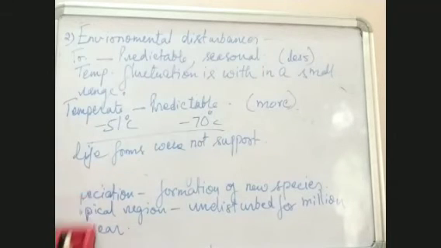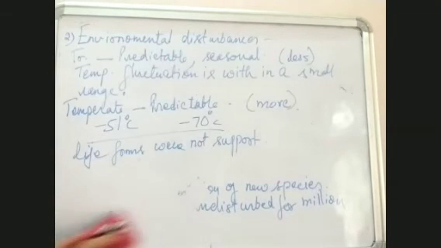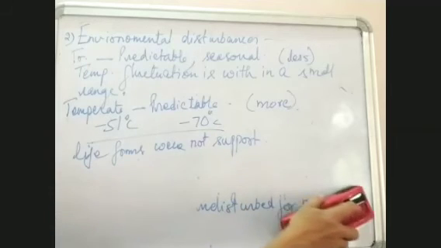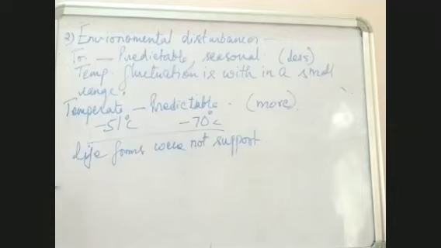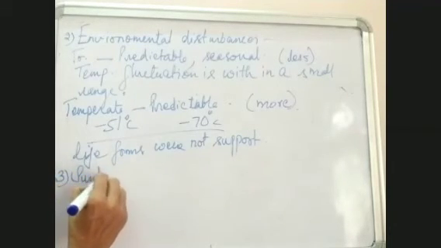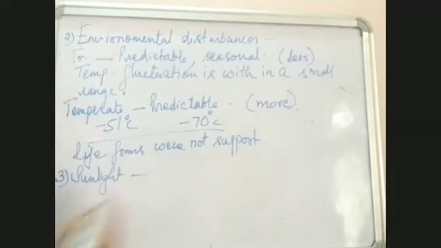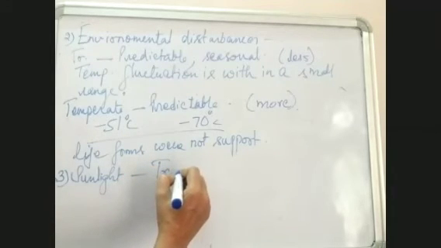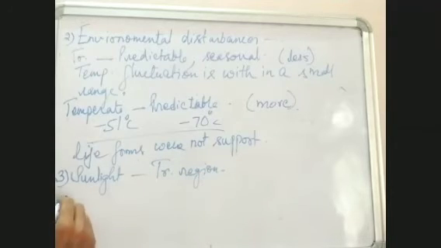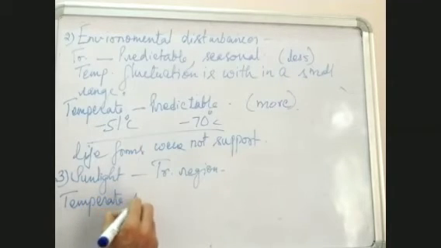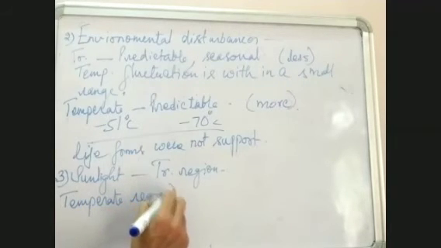The third reason for species richness or biodiversity richness in the area was the sunlight. In the tropical region and in temperate region, there is a difference in the availability of sunlight.